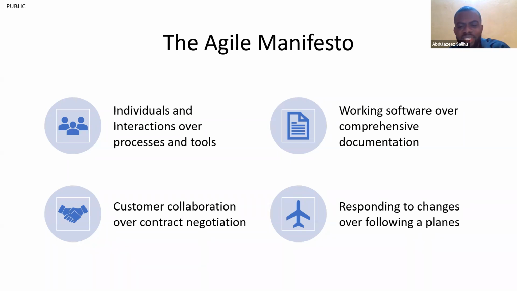The last but not the least on the Agile Manifesto is responding to changes over following a plan.